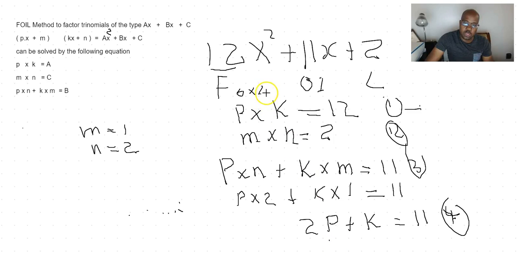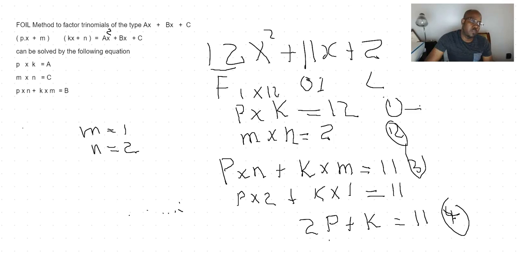I can have 1 and 12, or 12 and 1. If you replace them, we get 2 times 12, 24, plus 1 is 25, or 2 times 1 plus 12, which is not going to work.